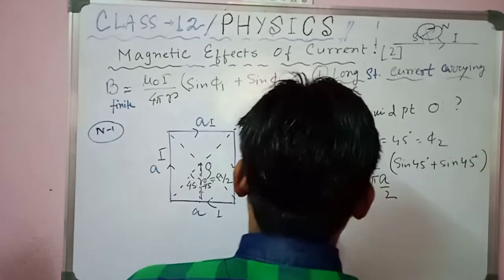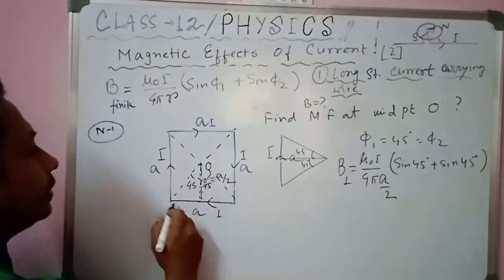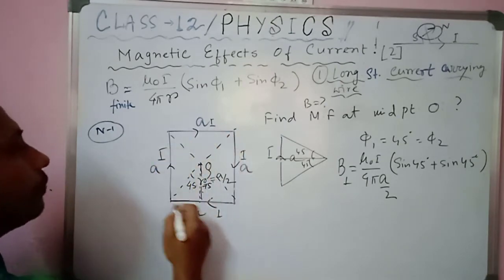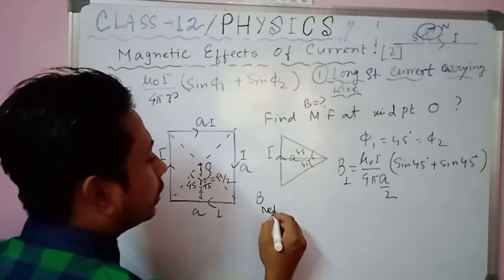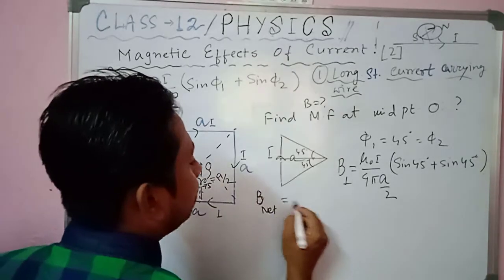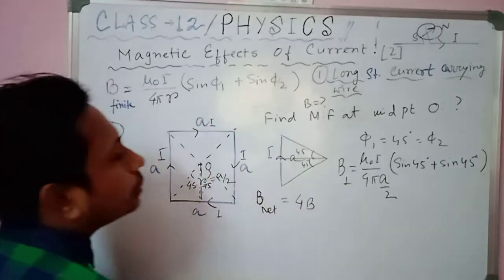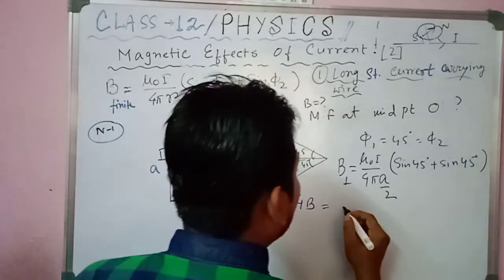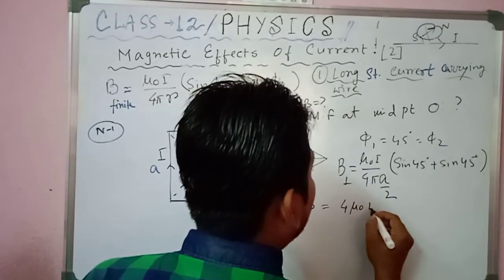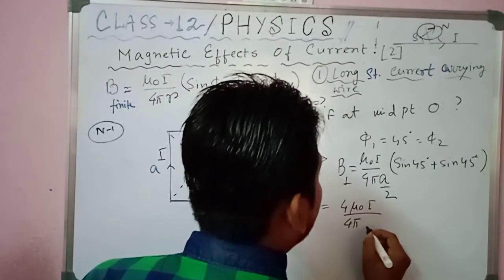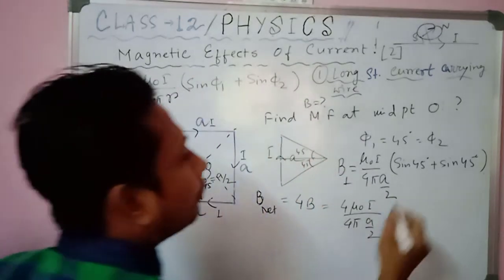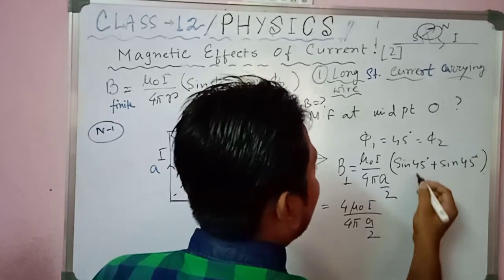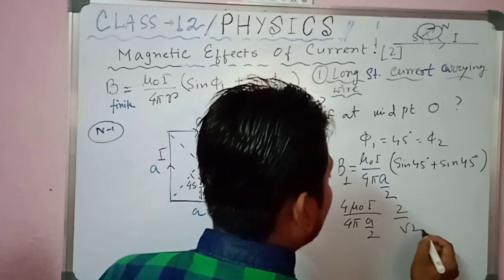Now you have to calculate for 4 wires, so the net or total magnetic field B equals 4 times B. So 4 into mu naught I by 4 pi a by 2, and sine 45 plus sine 45 means 2 by root 2.